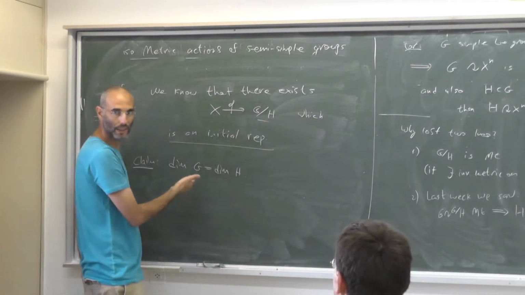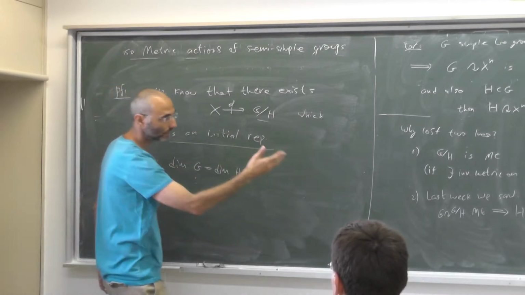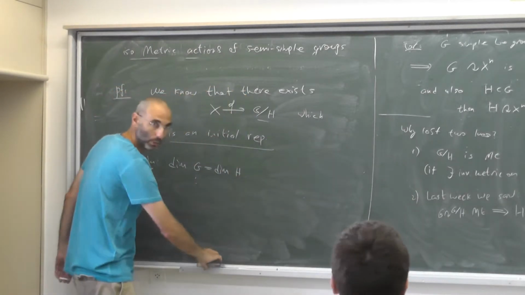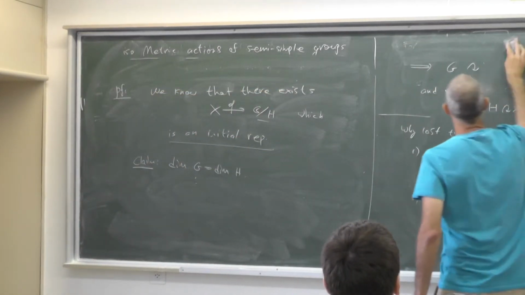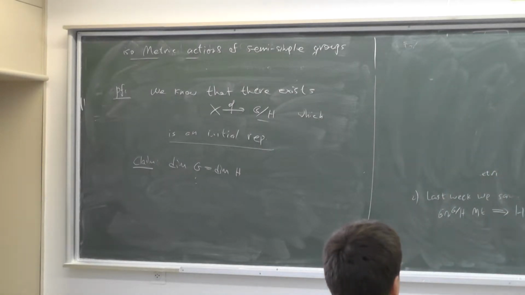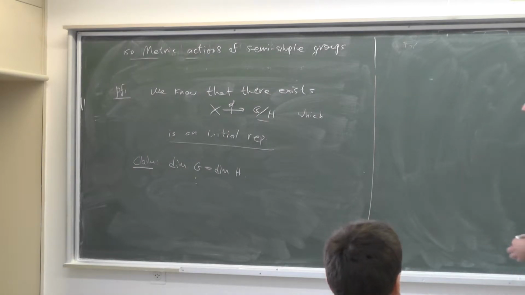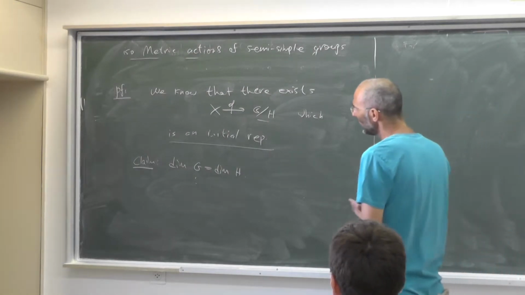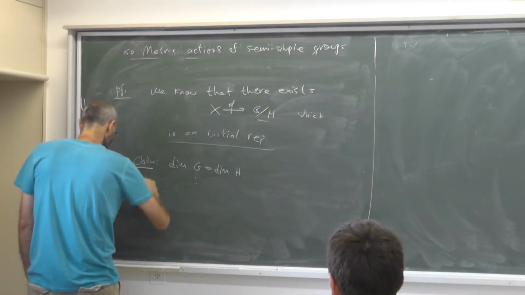So later on I will claim that H is G. This is essentially what I'm supposed to prove. First of all, I will show that the dimension is 0.